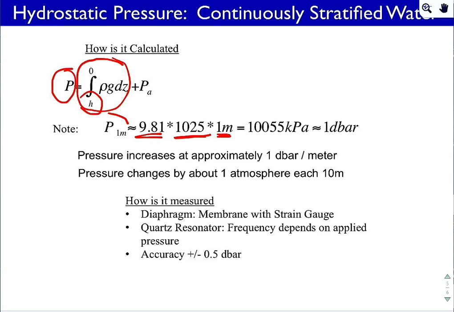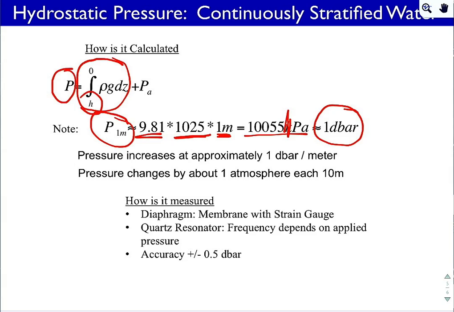The depth change over a meter of seawater, so this could be from the surface to a meter down, or from 99 meters down to 100 meters down, is roughly 10,000 pascals, or 10 kPa, which converts to approximately 1 decibar. 1 decibar is 10 kPa. Our numbers here work out to slightly more than that. So essentially 1 decibar is a meter of the water column.